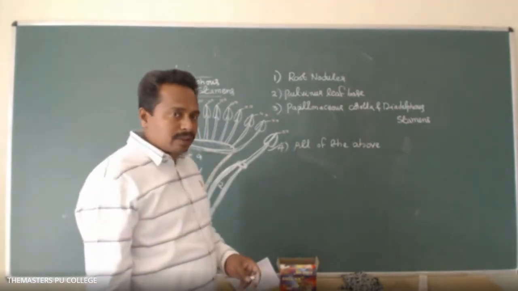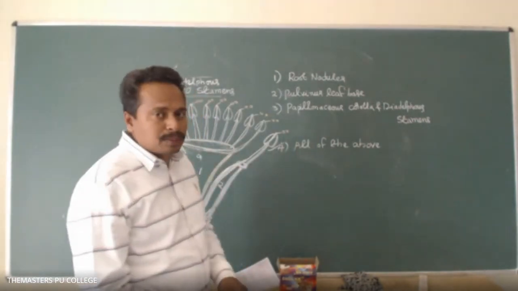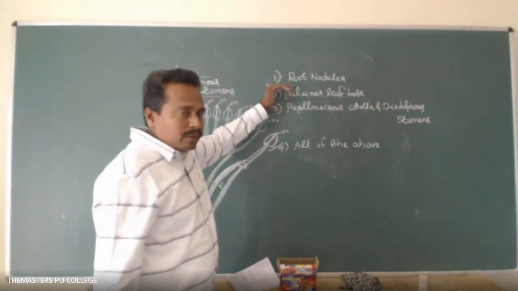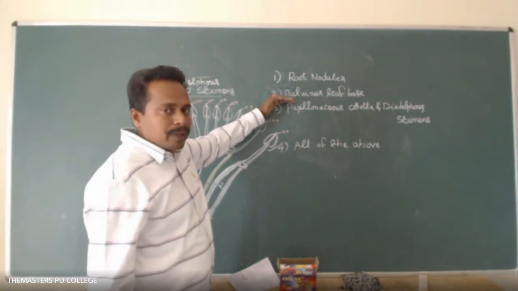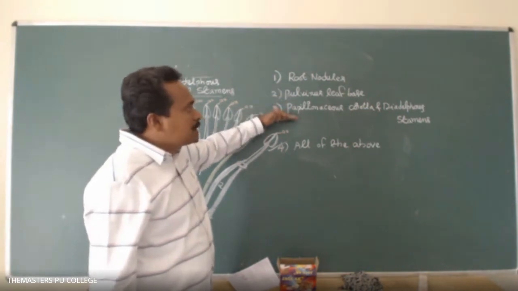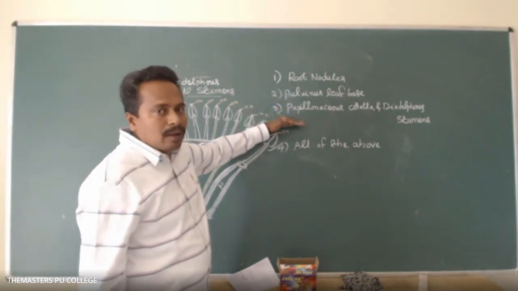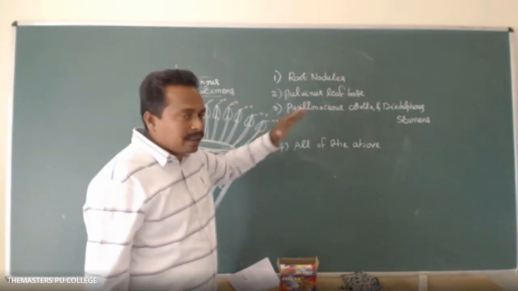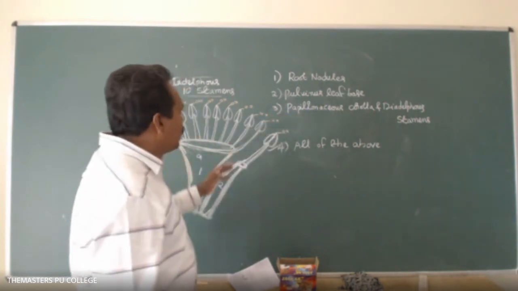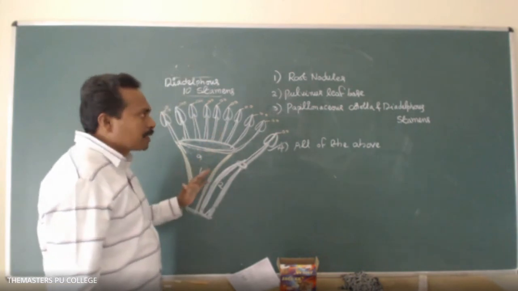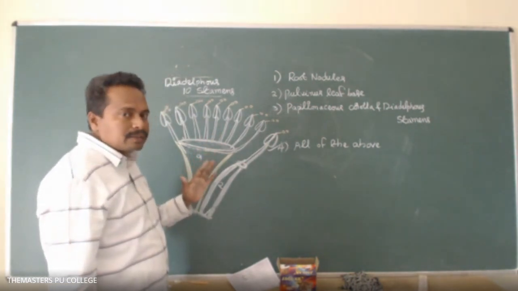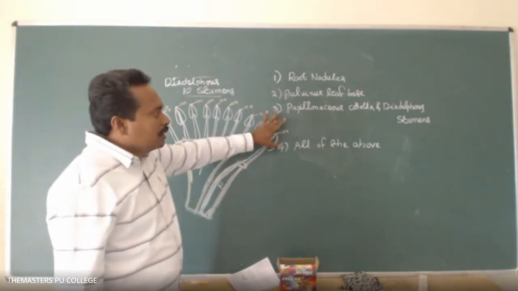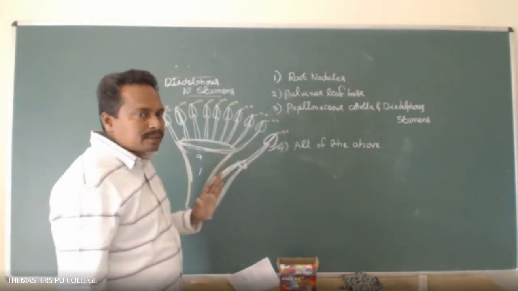All these points are important from the objective point of view: root nodules, pulvinous leaf base, papilionaceous corolla, and diadelphous stamens. The androecium forms diadelphous stamens, 2 bundles.